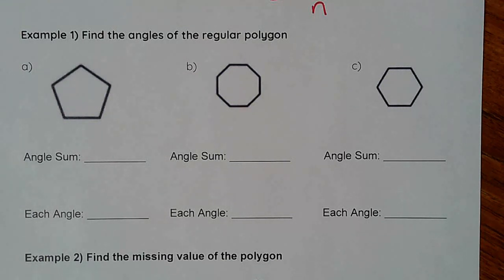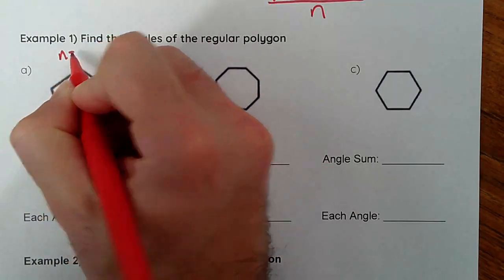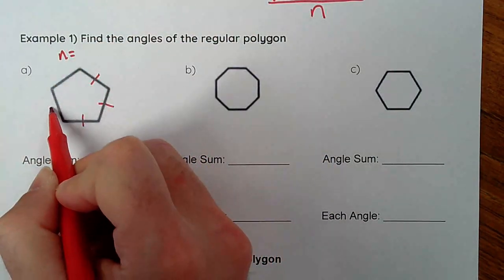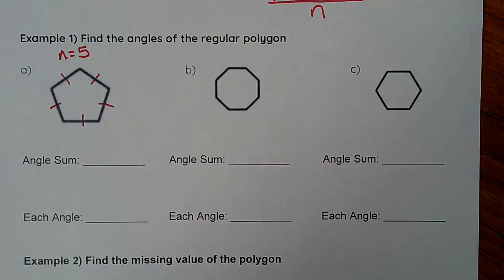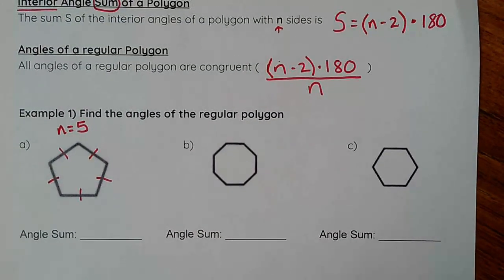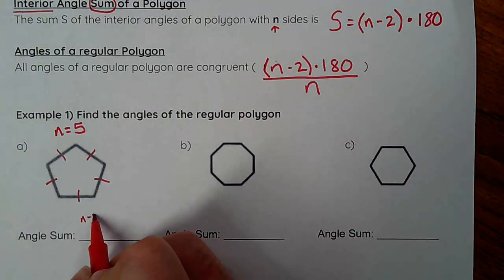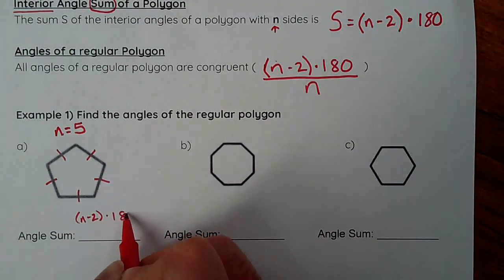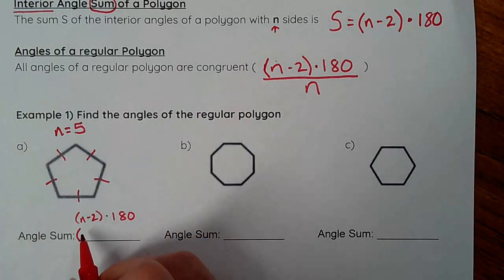So we're going to find out what all of those angles should add up to. Looking at our first shape, I want to identify what n would be. Remember, n is the number of sides. So here I have 1, 2, 3, 4, 5 sides. So n is equal to 5. Using my formula at the top, n minus 2 times 180, I replace n with 5.